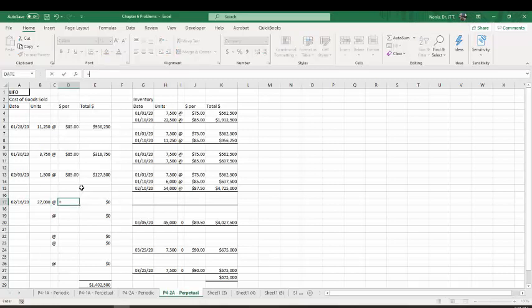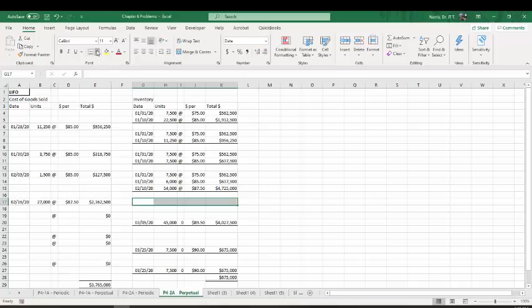And that unit, last in, first out, is all going to come from the 10th. And what is that going to leave us?